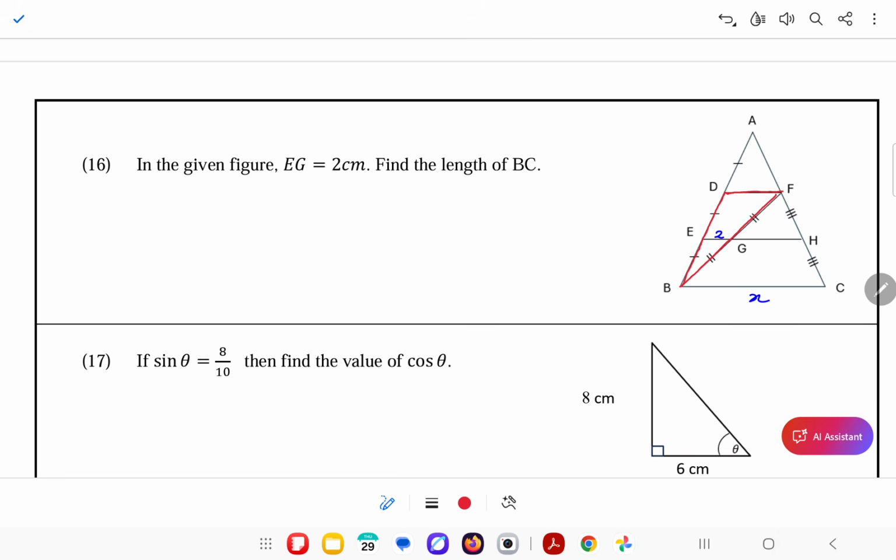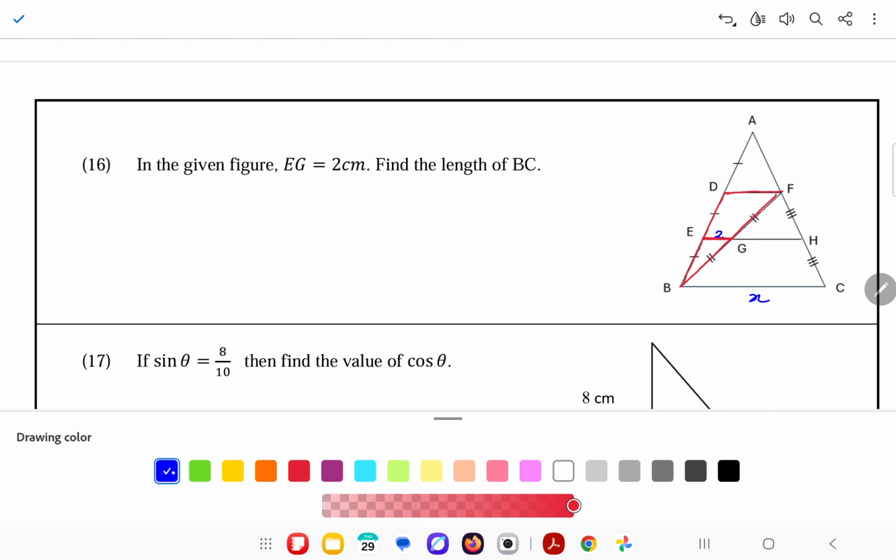So we can use the midpoint theorem. Because BE and ED are equal and BG and GF are equal, right? So EG connects the midpoints of these two lines, BD and BF. Then what do we know?